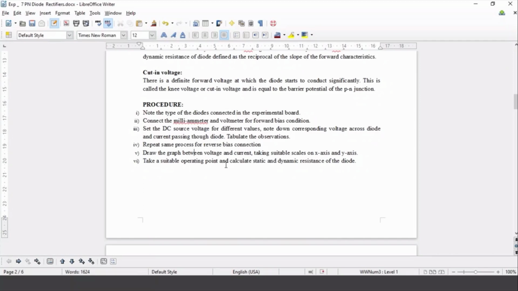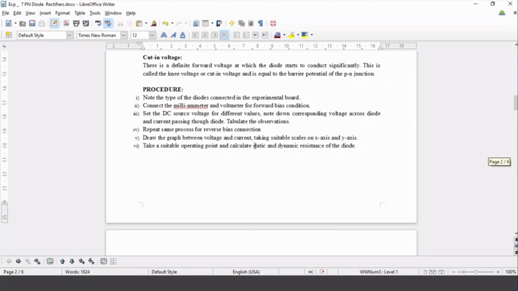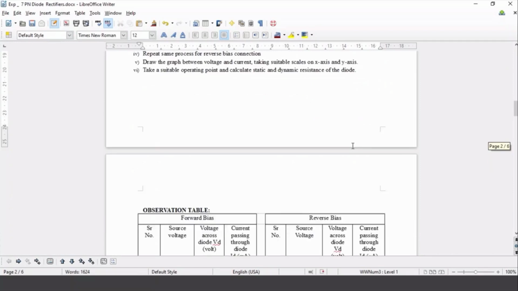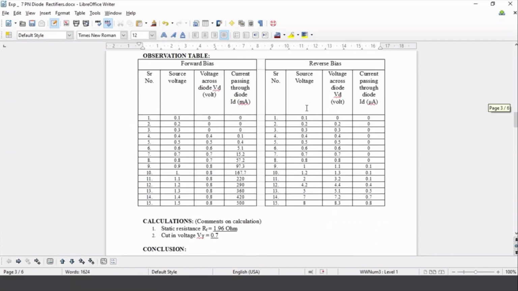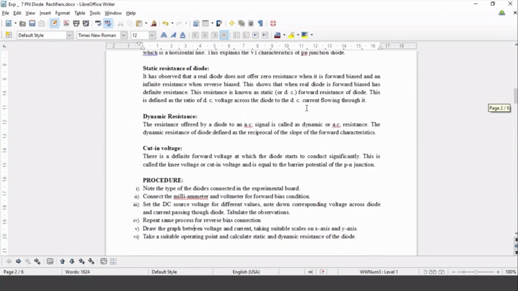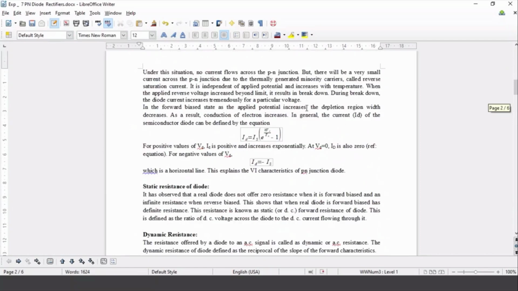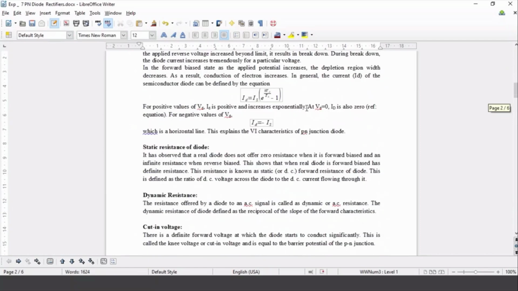Take a suitable operating point and determine the static and dynamic resistances of the diode. Using these current versus voltage characteristics, forward bias as well as reverse bias, you can plot these values and find out the static resistance as well as dynamic resistance of the PN junction diode.